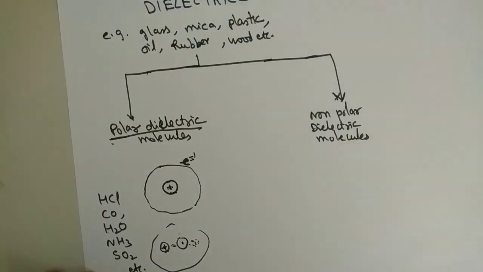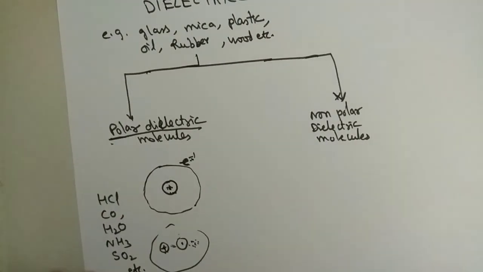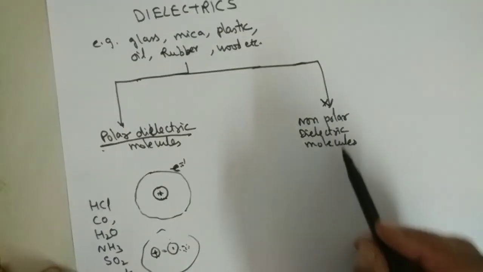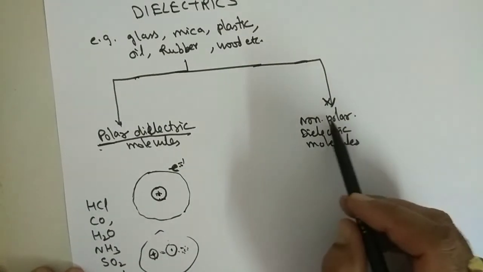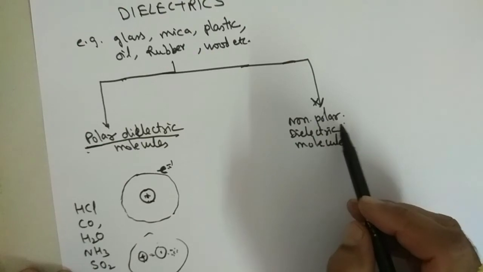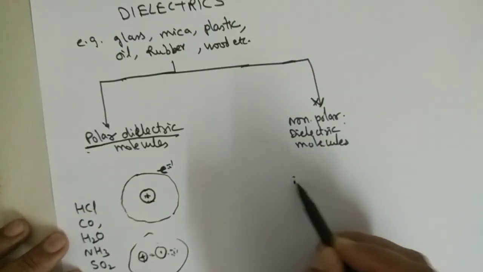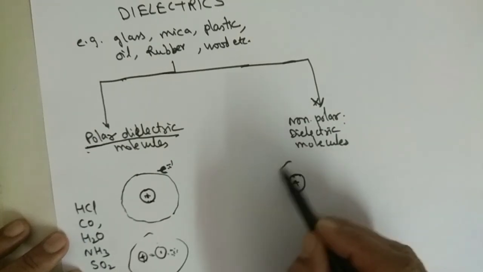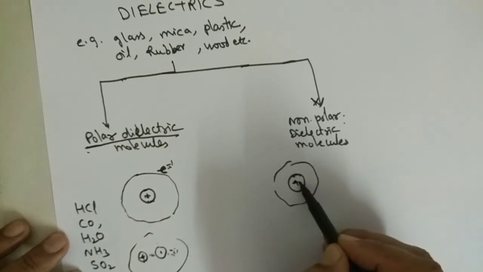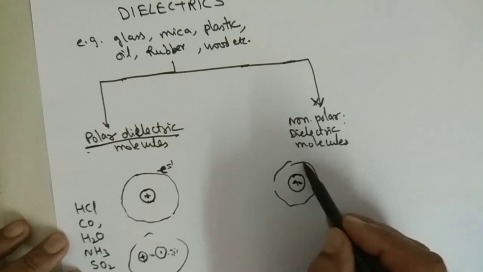And if it is not so, in that case these are non-polar. Non-polar means molecules in which the center of gravity of the positive charges of the protons coincides with the center of gravity of the negative charges of the electrons.